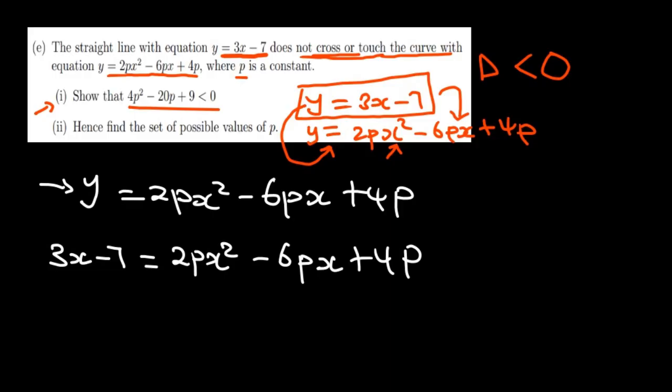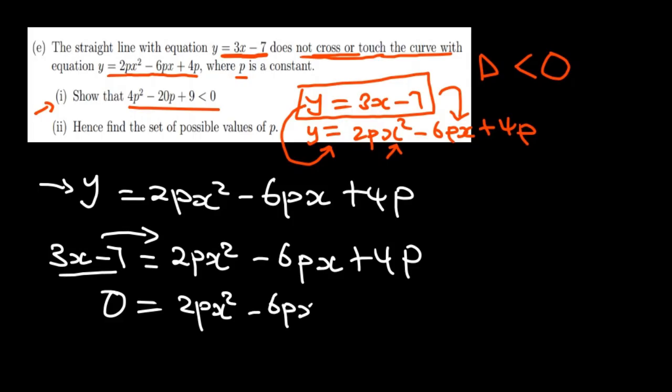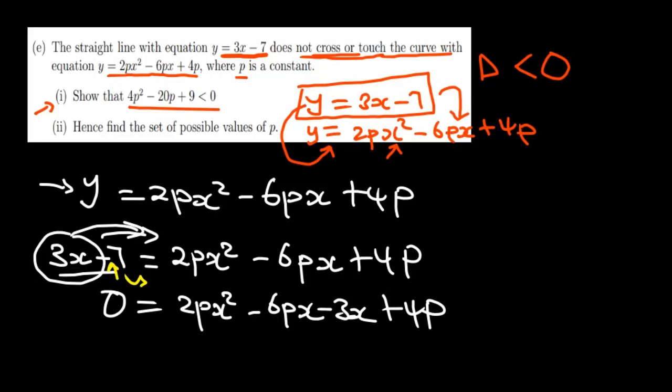Okay, so I'll move all these to the right hand side. So this will be 0 equals 2px squared minus 6px, and then this 3x here, when I take it to the other side, it's going to be minus 3x, and then I have plus 4p, and then this minus 7 here, when I take it to the right hand side, it's going to be a plus 7. Okay, so this is the quadratic equation that we now have.